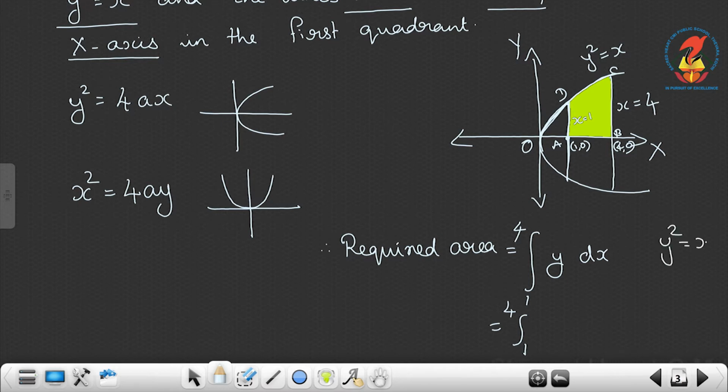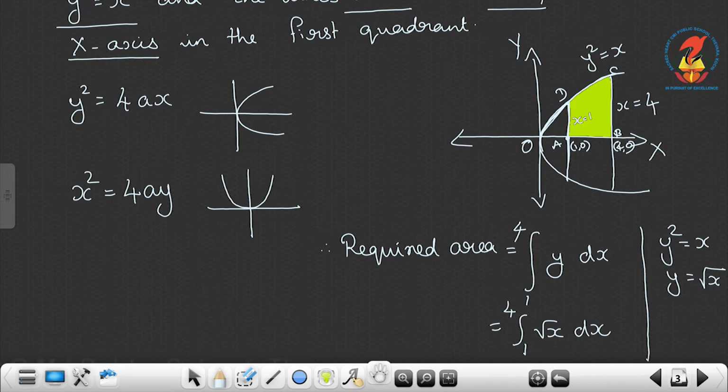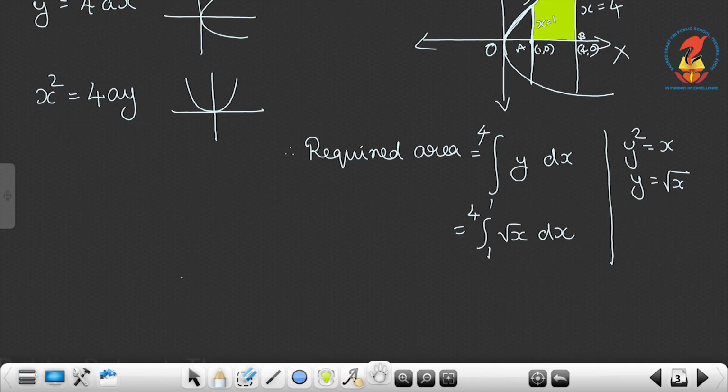So what is y? y is equal to root of x, plus or minus. We have to take the first quadrant portion, so the positive value is enough. So root x dx. And also area is a positive quantity, so negative no need to take.